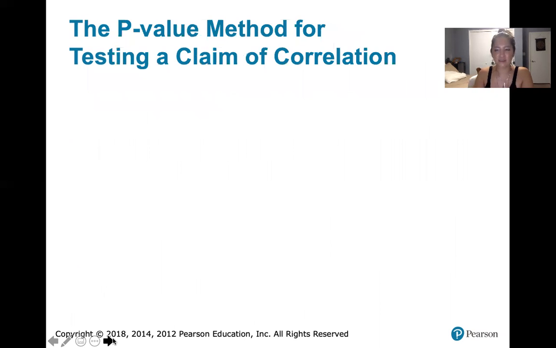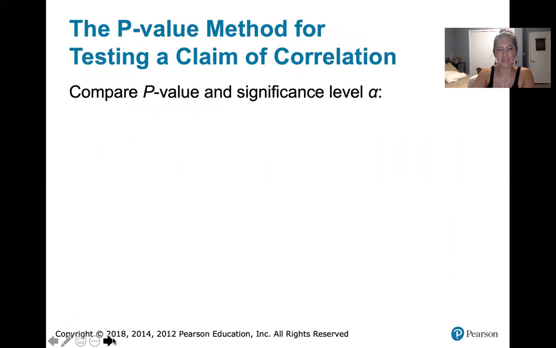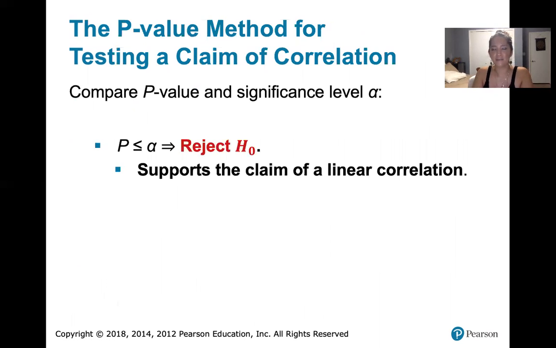Then once we have our p-value, we use it in the same way that we used it whenever we were talking about hypothesis tests in chapters 8 and 9. If the p is low, we say that the null must go. Now remember, the null hypothesis tells us that there's no correlation. So if p is low, that's saying that there is evidence of a linear correlation between the two variables.